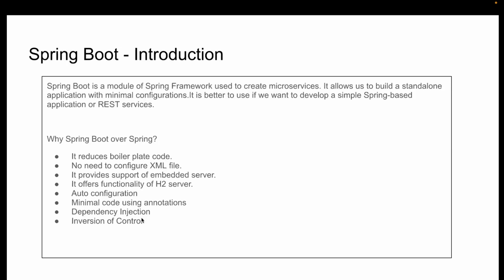There is another important concept, inversion of control. Inversion of control, or IOC, you might hear this terminology a lot when you hear about Spring Boot. What is DI and IOC? DI is dependency injection, IOC is inversion of control. A lot of times people will ask you what is IOC or what is DI.